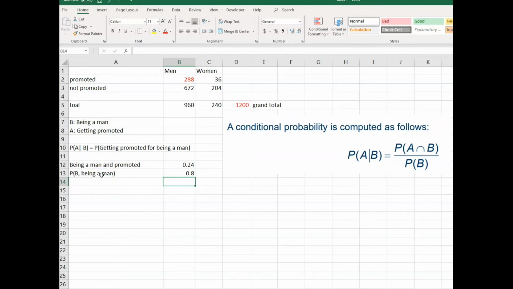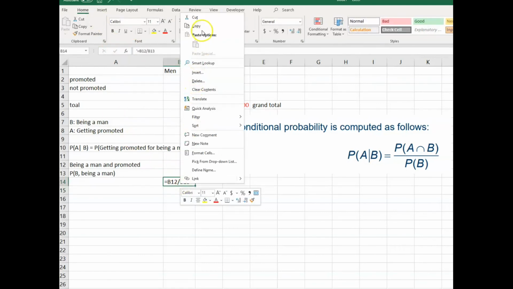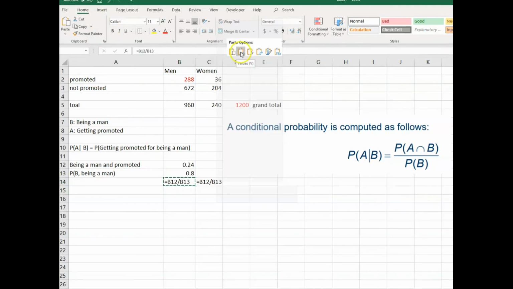This is the probability of a man, the proportion of men. Then the conditional probability is 24% divided by 80%. I'm going to make this formula available. So this is the conditional probability for a man getting promoted.